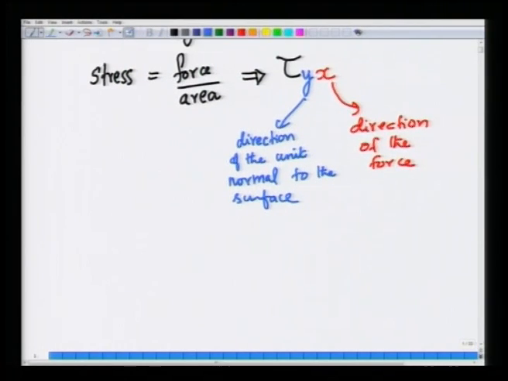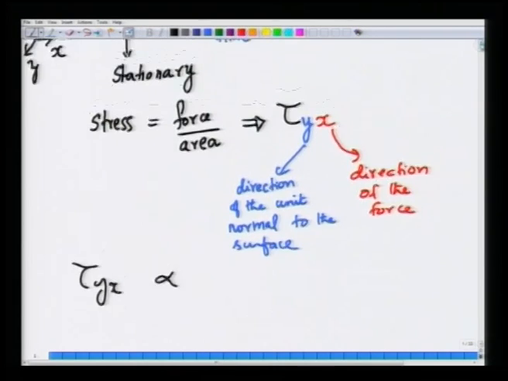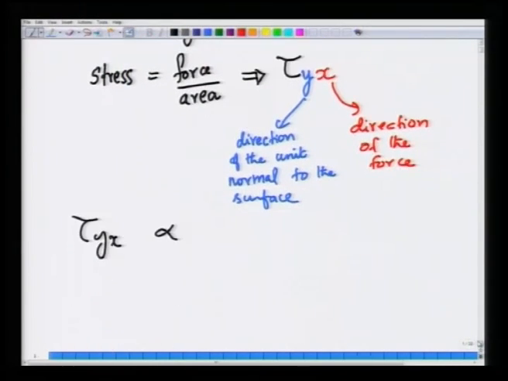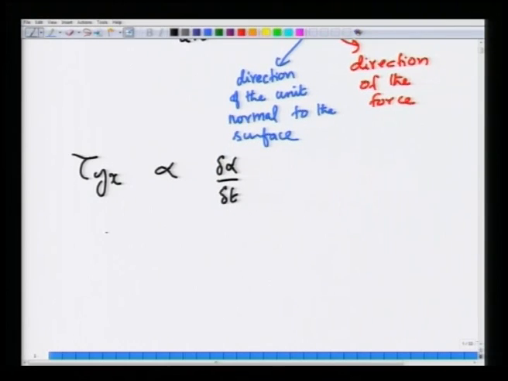So, tau y x, we said, must be proportional to the rate of deformation, where, if you recall, we call this angle delta alpha. Since delta alpha continues to change with time, the stress must be proportional to delta alpha by delta t, which based on geometric considerations, can be found as follows.